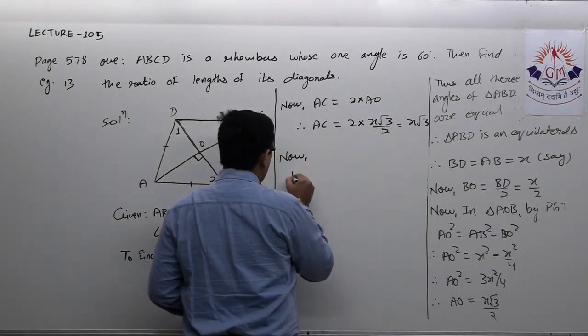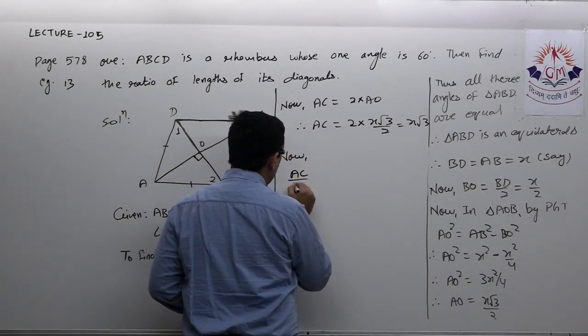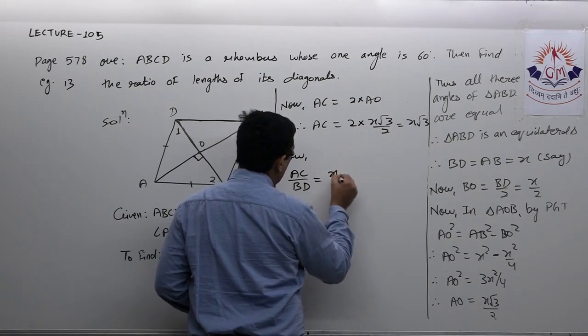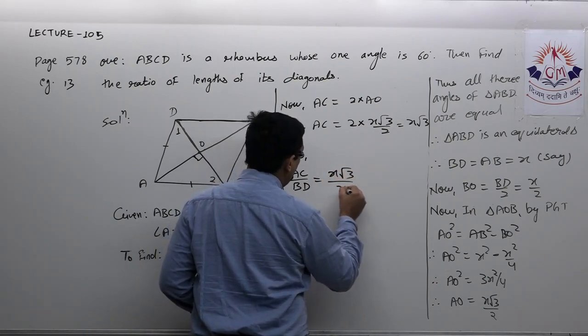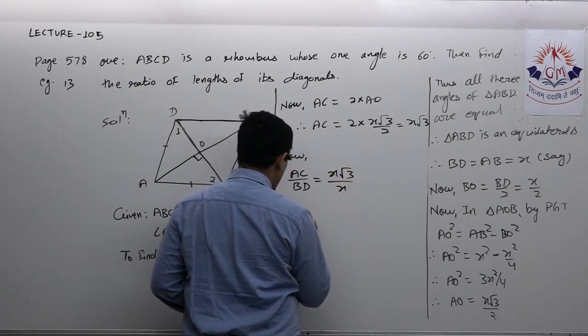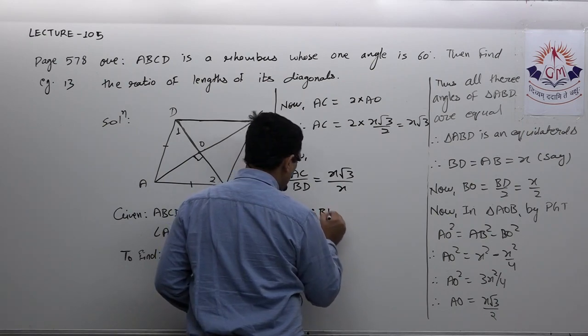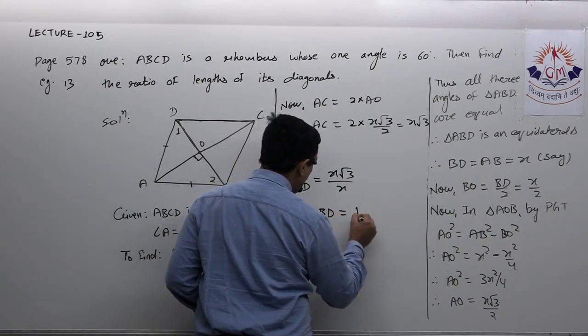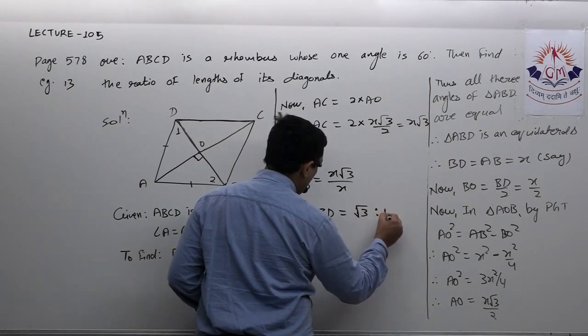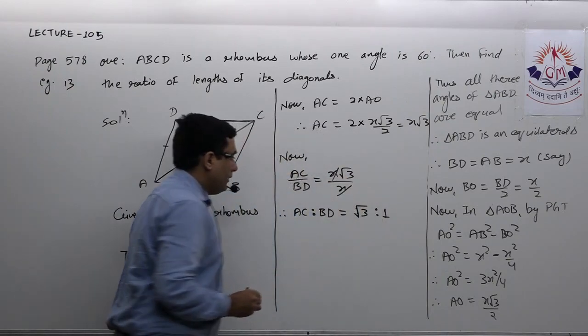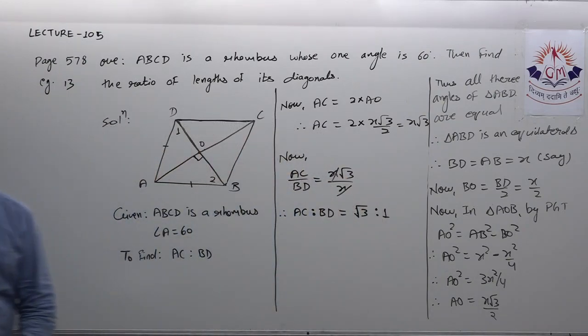So now AC upon BD is equal to x root 3 upon x, therefore AC is to BD is equal to root 3 is to 1. Okay, so this is the final answer. Please note it down, then we'll see the next question.